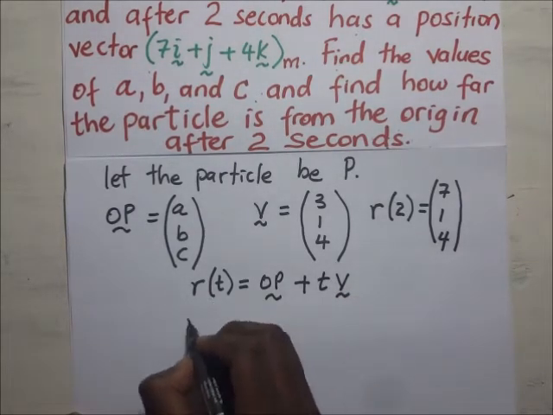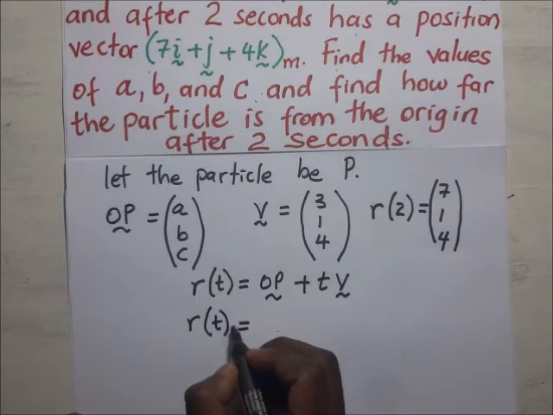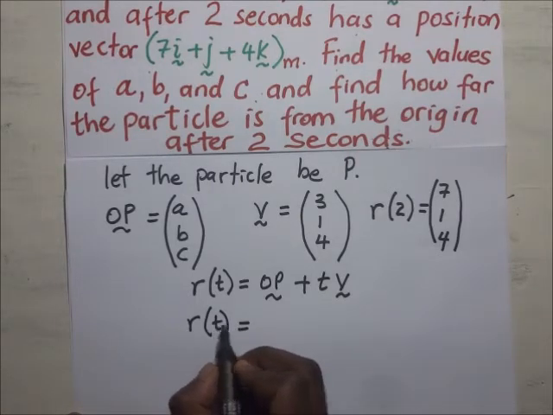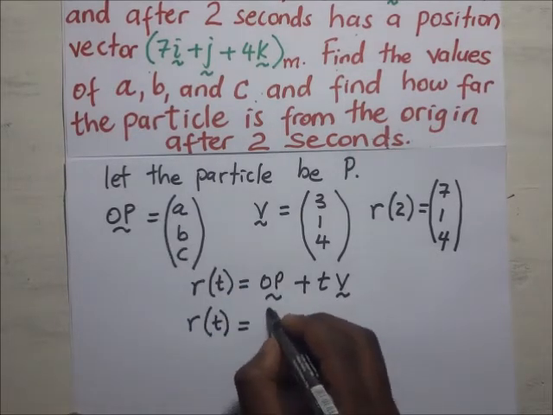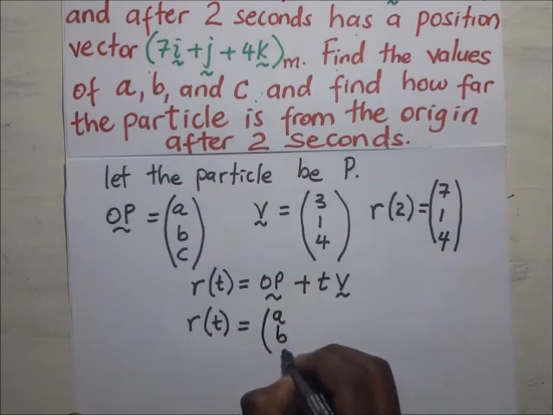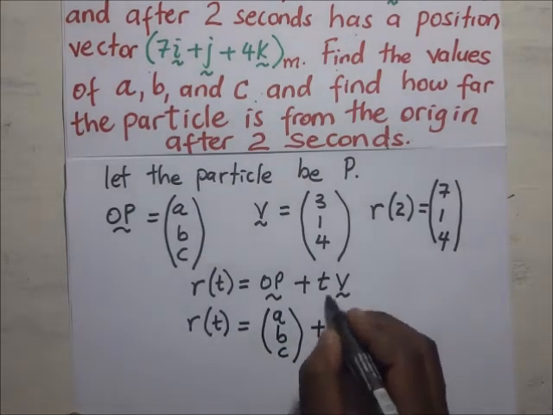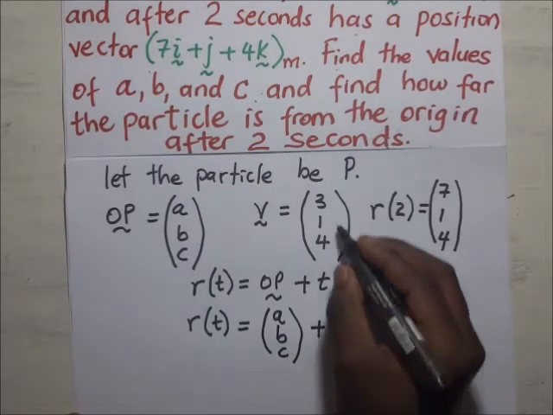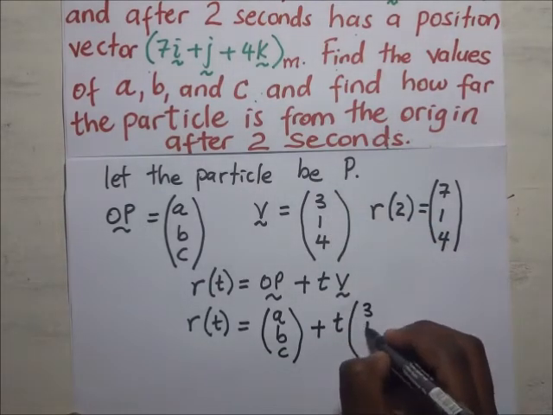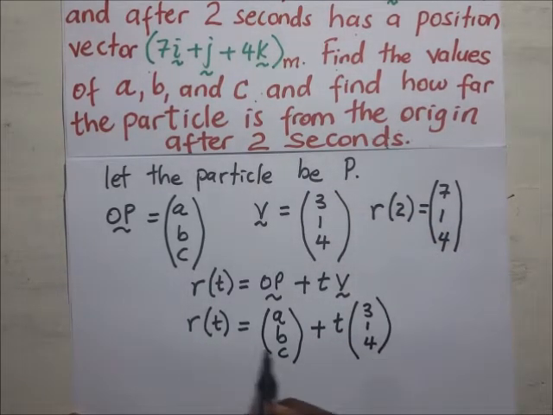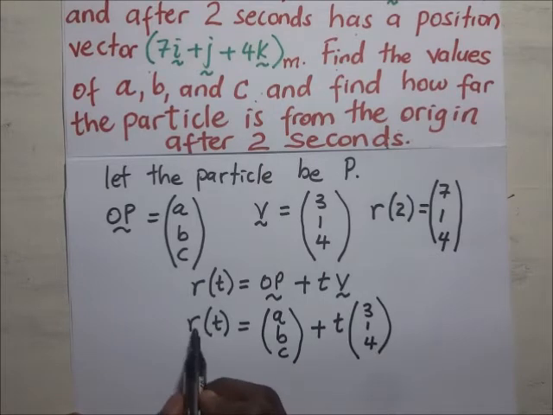In this case, r of t, the position vector after any time t, is going to be OP, our position vector here is A, B, C, plus time times the velocity vector, which is 3, 1, 4. So this is the general expression for our position vector after any time t.